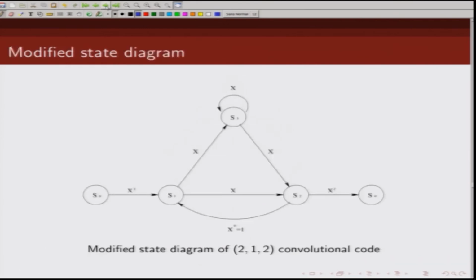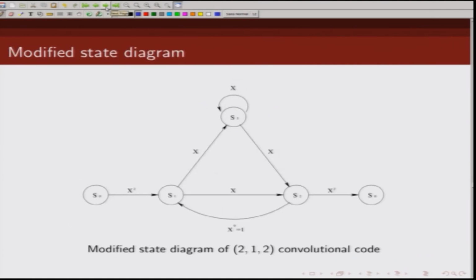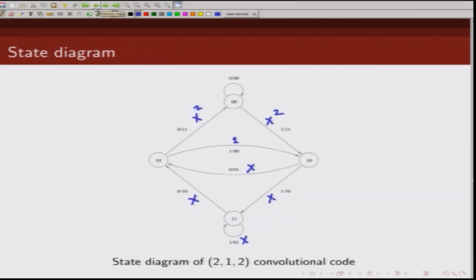If you go back, this is how my augmented, well, modified state diagram will look like. So, what I did was, I have these states here, I split this all 0 state into 2 states. So, this state was split into initial state and final state. Okay. Next, what did I do?